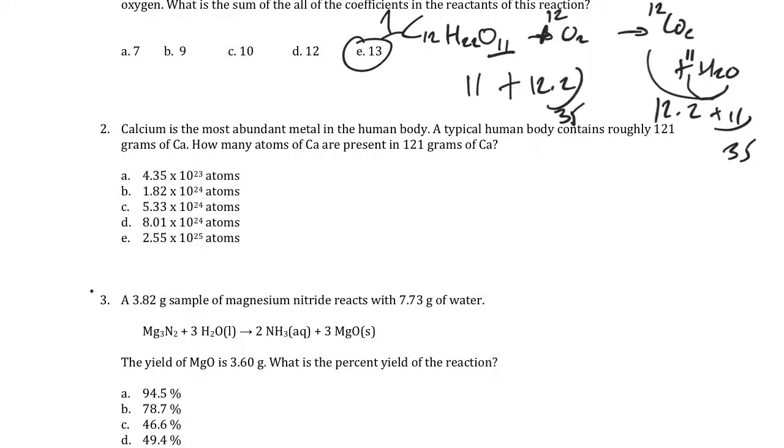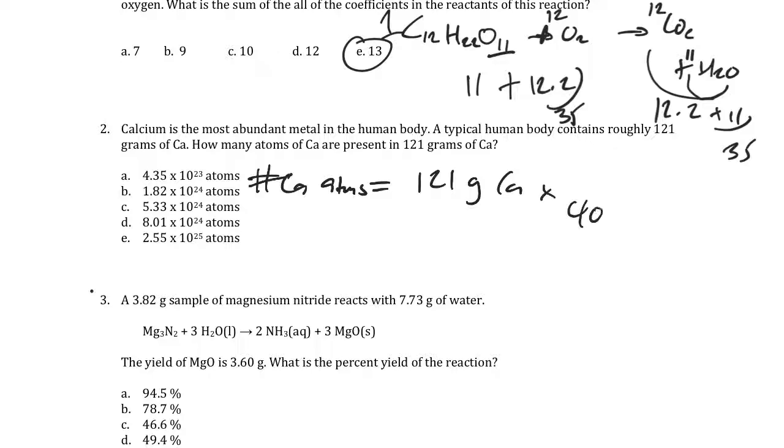A typical human body contains about 121 grams of calcium. How many atoms of calcium are present in 121 grams of calcium? And so the number of Ca atoms would be equal to the 121 grams of calcium.